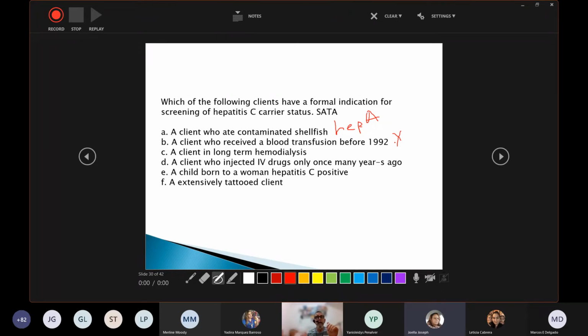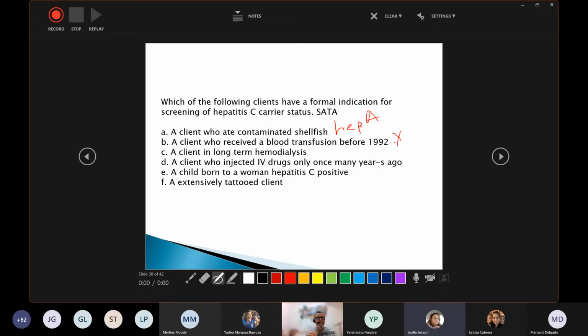So we called this hepatitis, and I remember, non-A, non-B hepatitis. And I remember that this hepatitis was more frequent after transfusions.